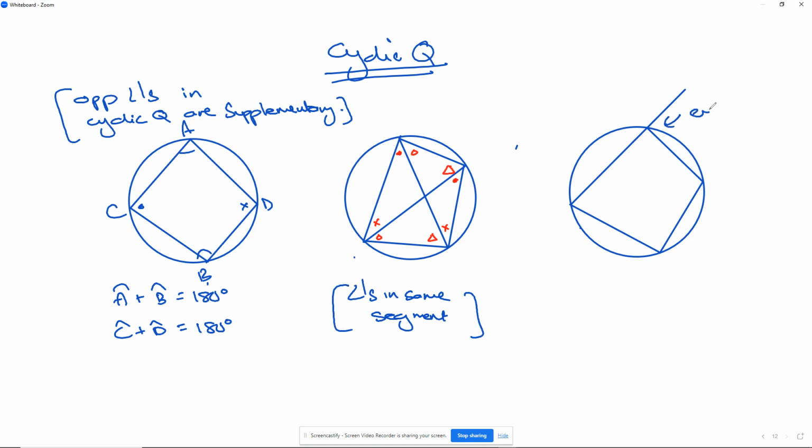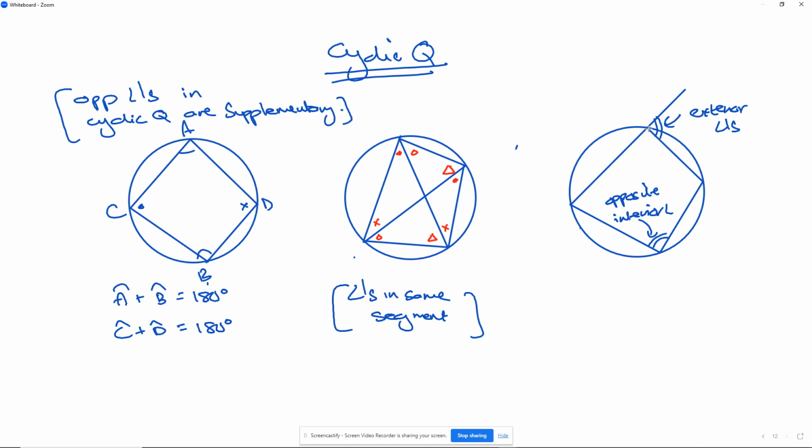Here we have the exterior angle of a cyclic quad, and over here on this side is known as the opposite interior angle. So that angle will always be equal to that angle whenever you have an extension of the cyclic quad. Now you could have extended any side over here.